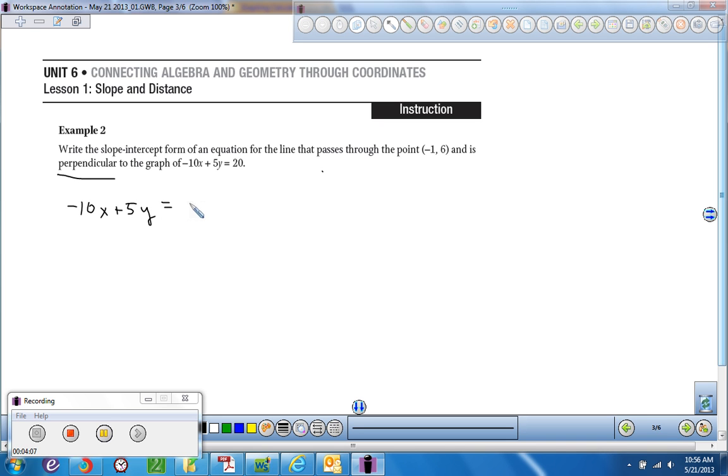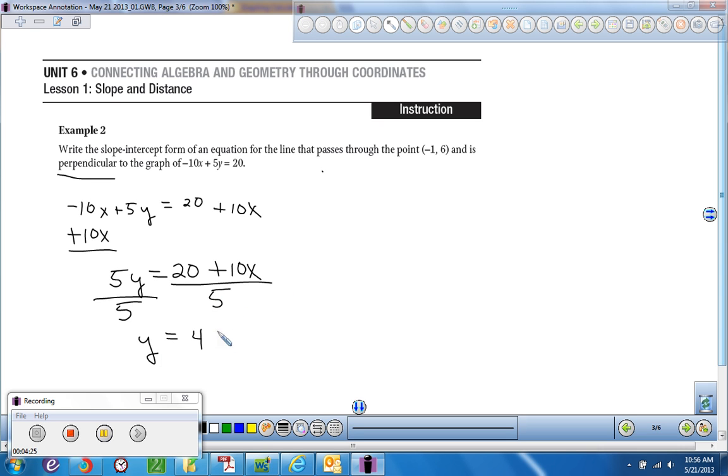What we're going to do is rearrange this and come up with the slope of this line. So I'm going to add 10x to both sides. So we get 5y is equal to 20 plus 10x. Now we'll divide everything by 5. So we end up with y is equal to 4 plus 2x.